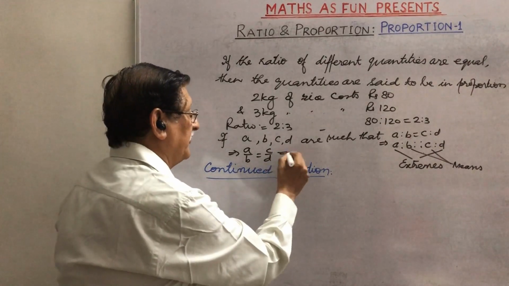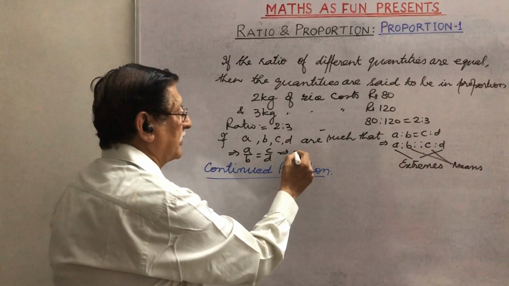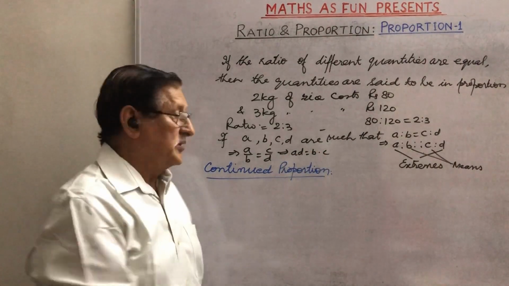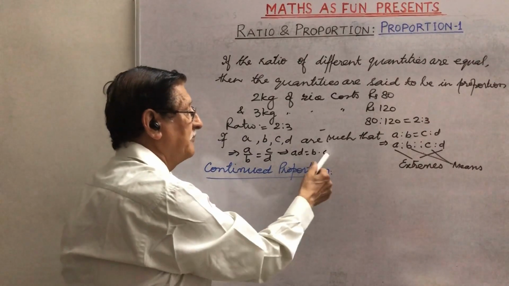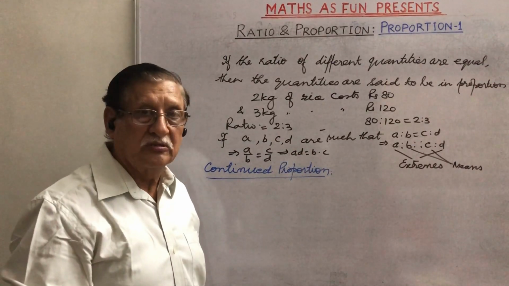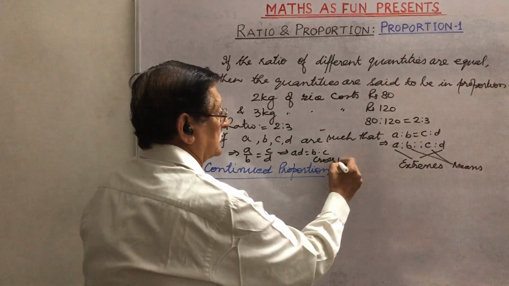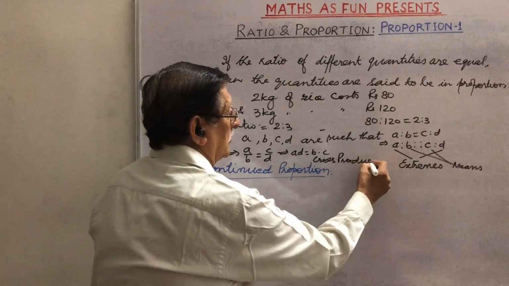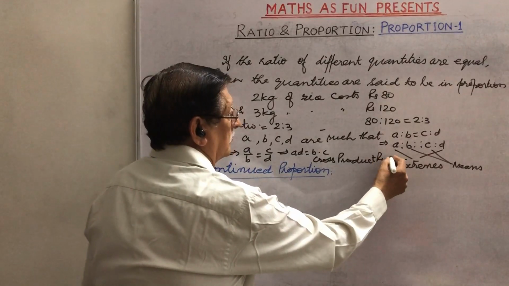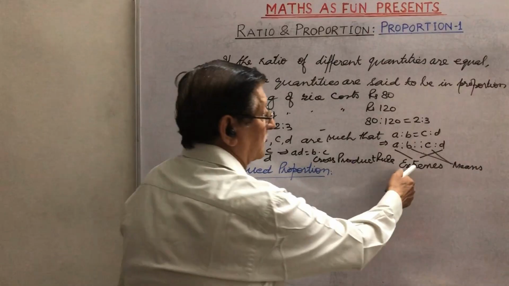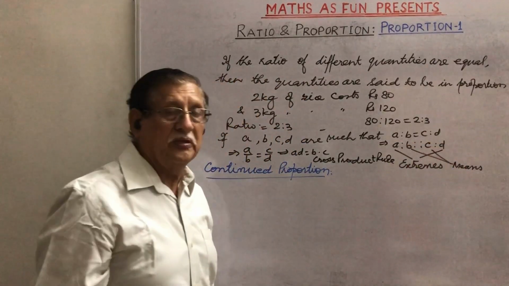If we cross multiply, we can write A into D is equal to B into C. It means the product of extremes is the same as the product of means. This is known as the cross product rule.